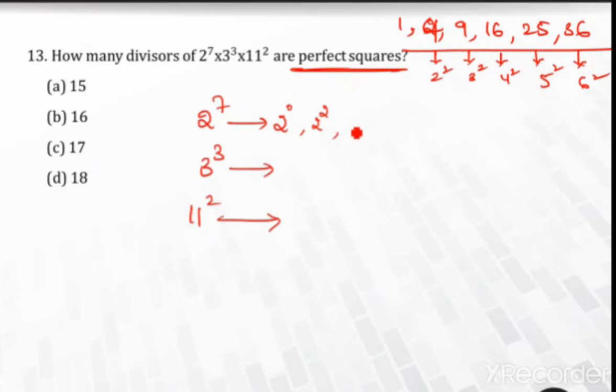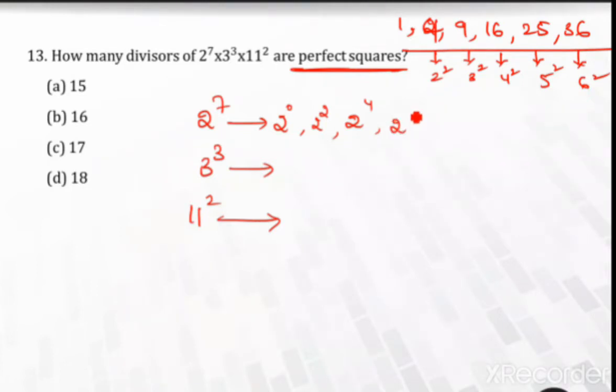Now what about 2 cube? 8. 8 is not a perfect square. 2 power 4. What is 2 power 4? 2 into 2 into 2 into 2. 4, 4, 16. Correct. Yes, 16 is a perfect square.